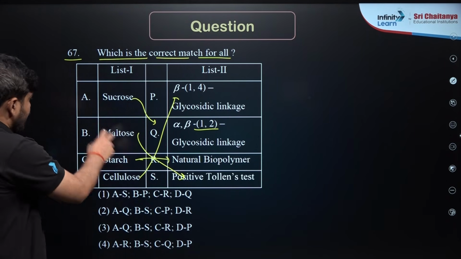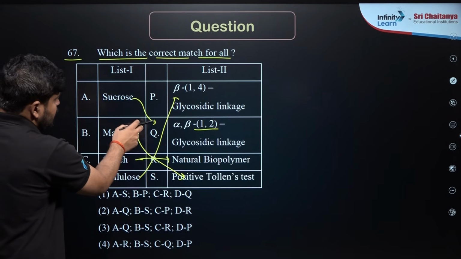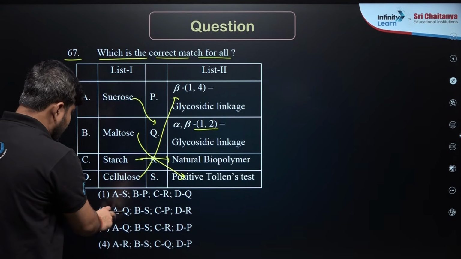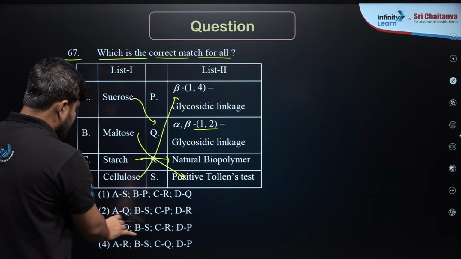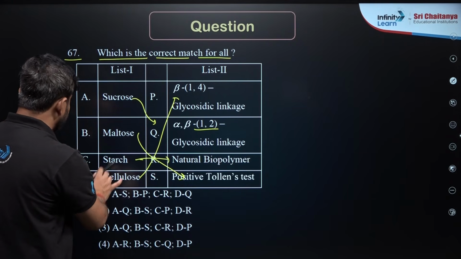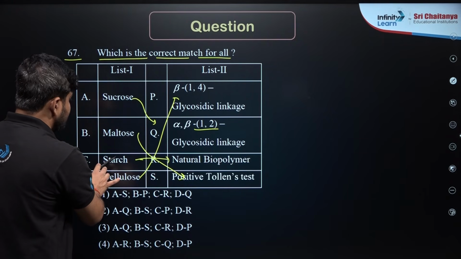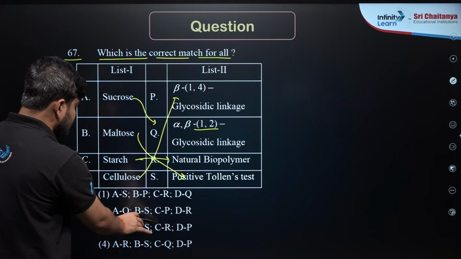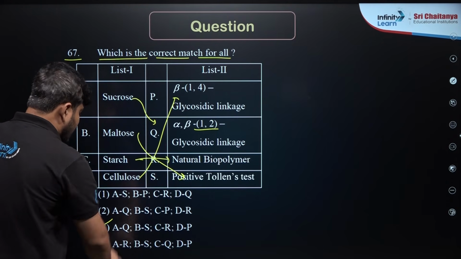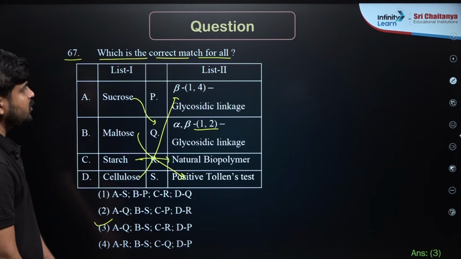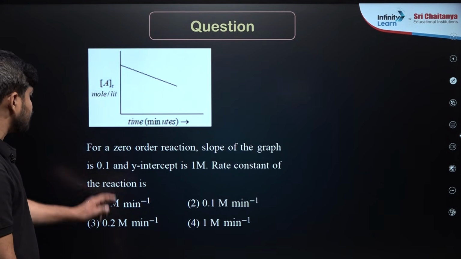So if we check the options, A matches with Q, B matches with S, and C, starch, matches with R. So the third one is the correct answer of this question. Please remember this one.